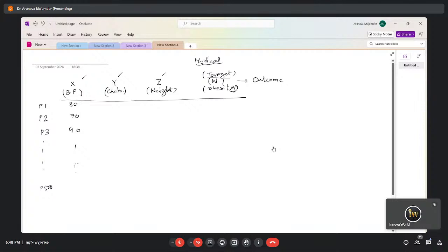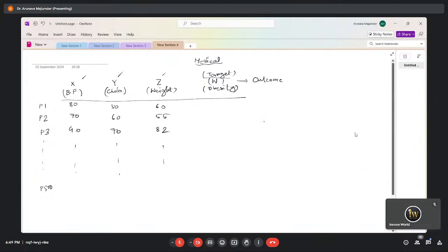Cholesterol, let us suppose, I don't know actually what the range of cholesterol is, I'm just writing here, let us suppose it is 50, 60, 70, and so on. Weight, suppose it is 60 kg, 70, 60, 55, 82, and so on.